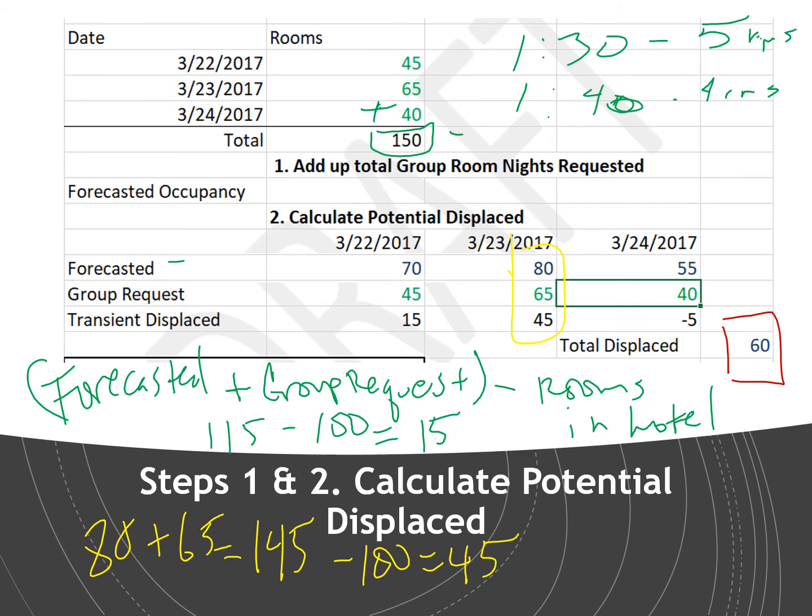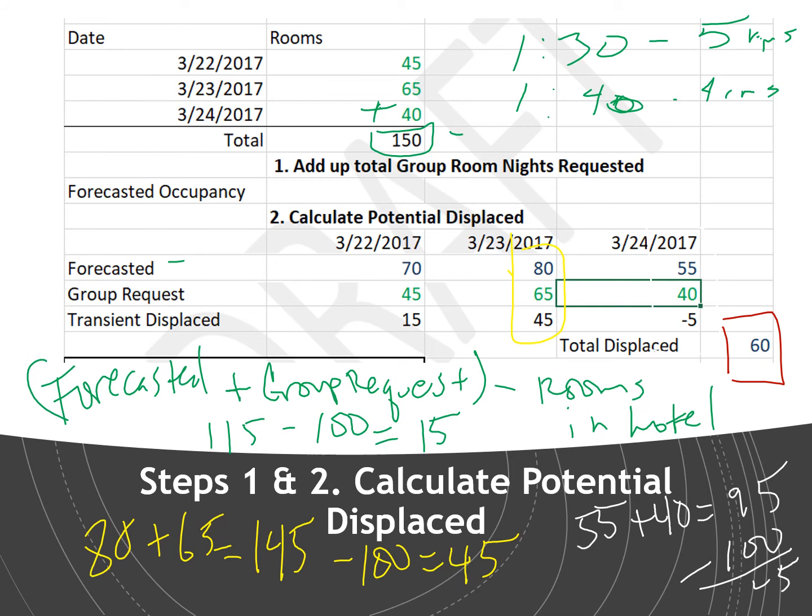45. Okay. The last one right here, we have 55 is our projected occupancy, and then we add up our 40 and we get 95. When we subtract 100 from 95, we get a negative number, which means we're not going to displace anybody.